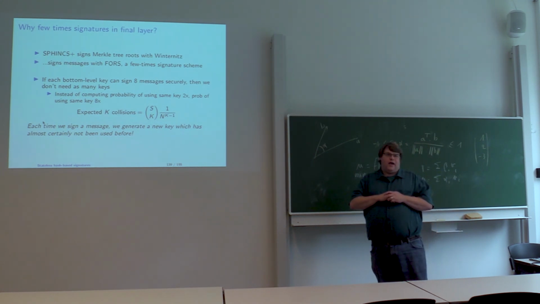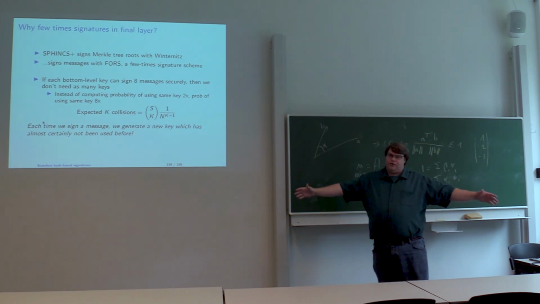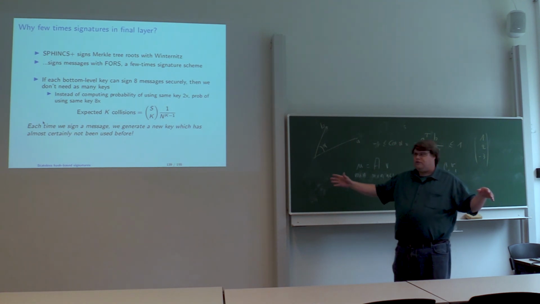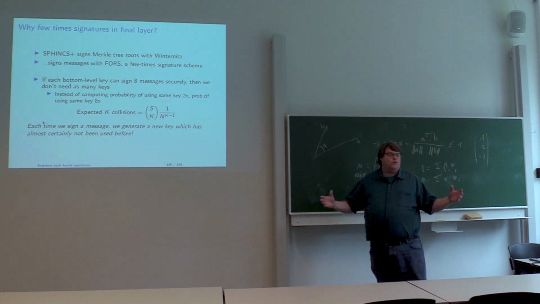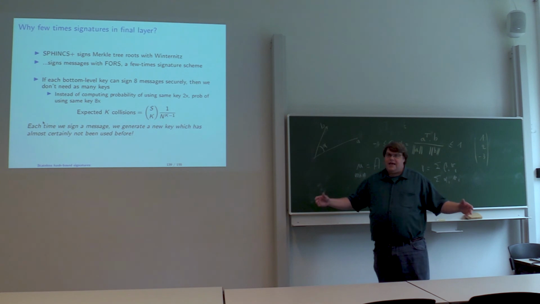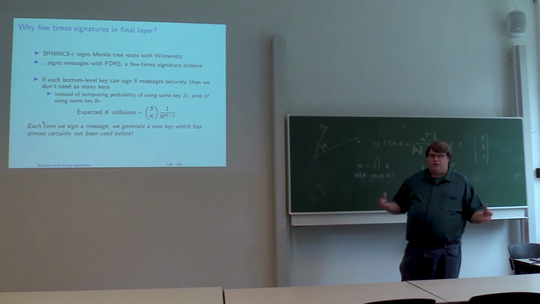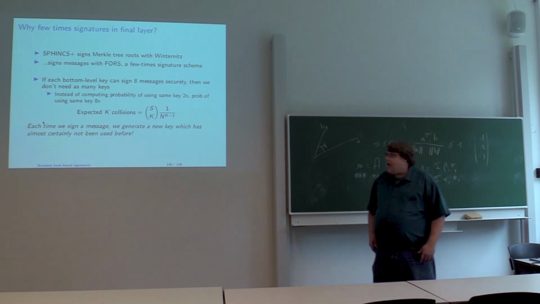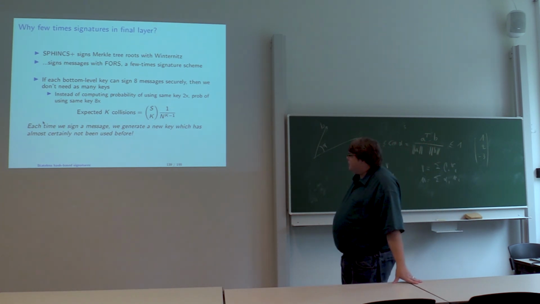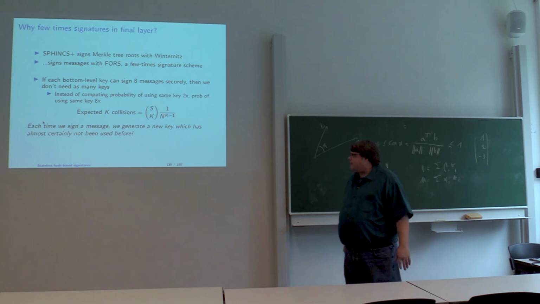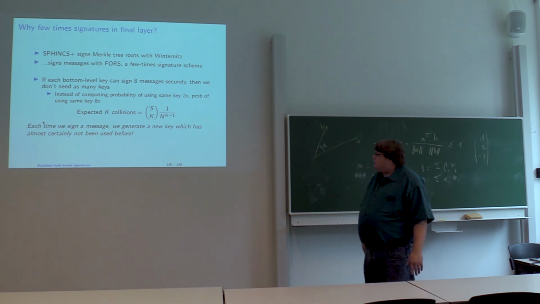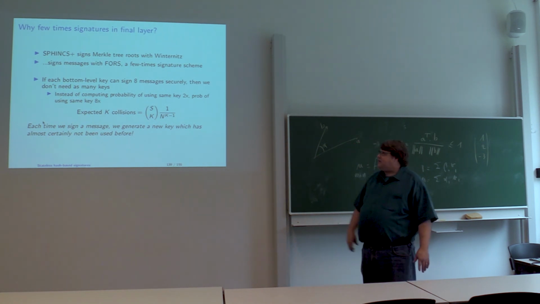If you think of this giant super virtual tree with 2 to the 60 or 2 to the 80 or whatever keys, you can use a smaller one if you're using few-time signatures that can survive being used 8 or 10 times or something. Okay, and so you're going to do the same calculation, right? You're just going to compute the expected number of K collisions.